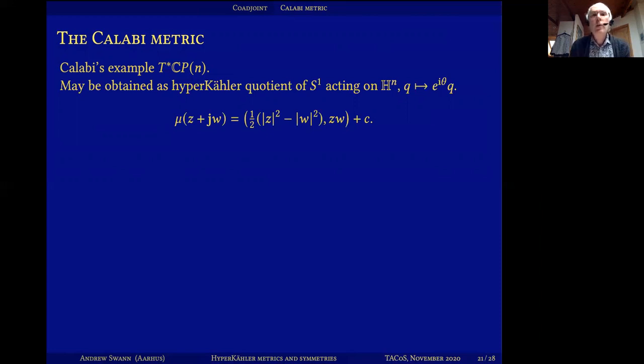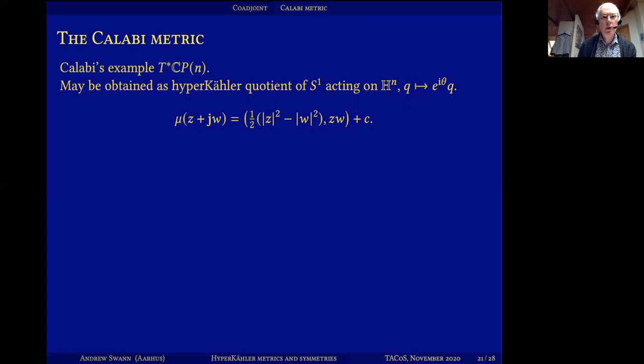So if you let a circle act essentially as a diagonal element in Sp(n), then you just multiply each quaternion coordinate by e^(iθ).